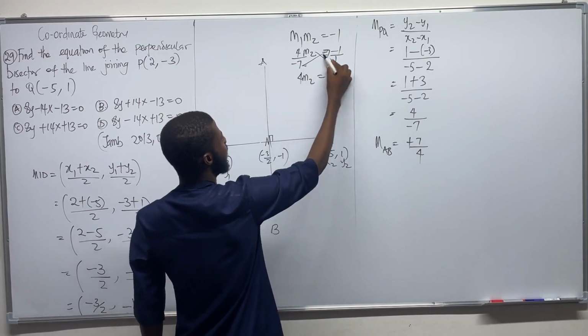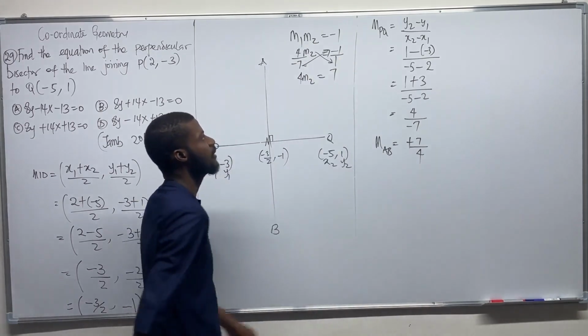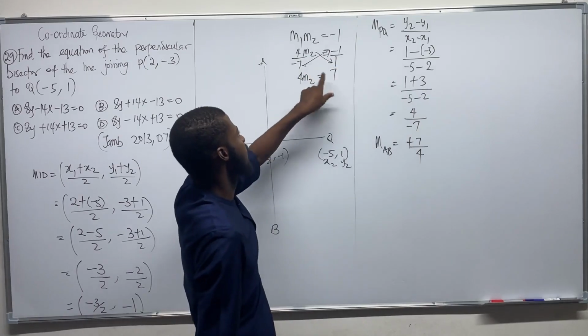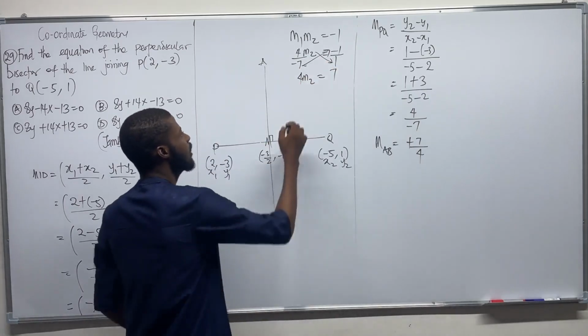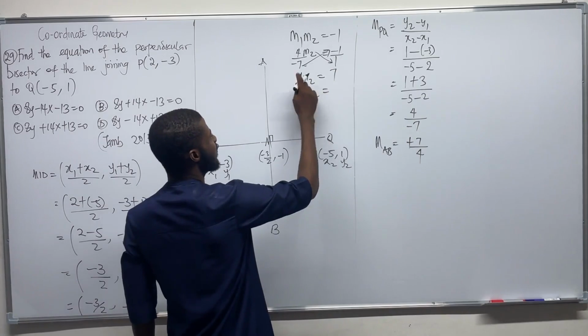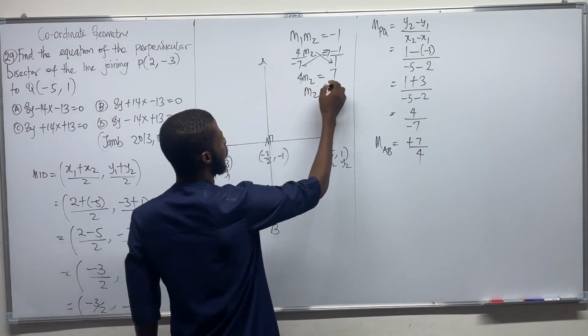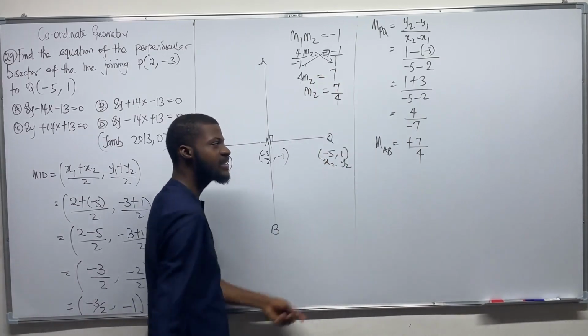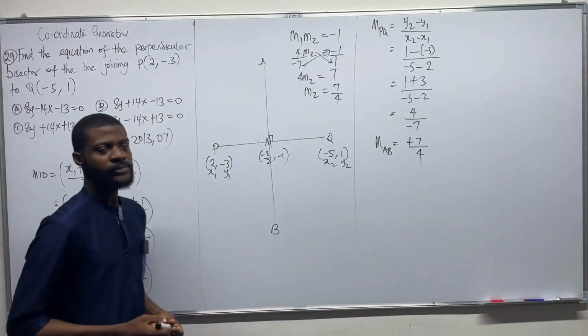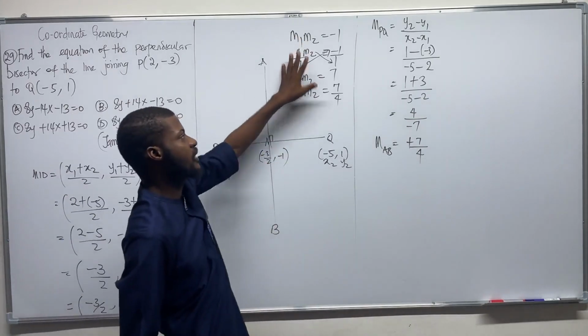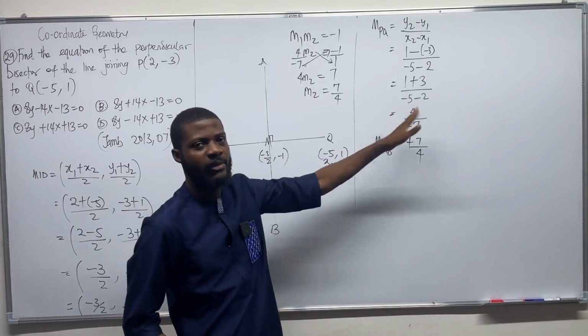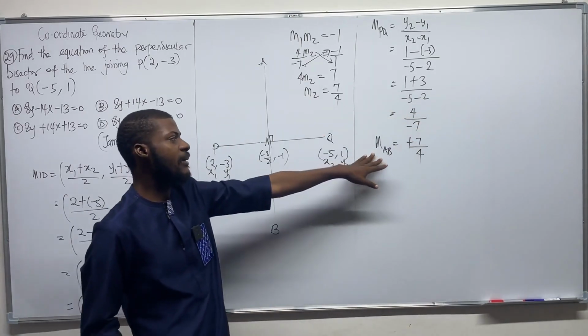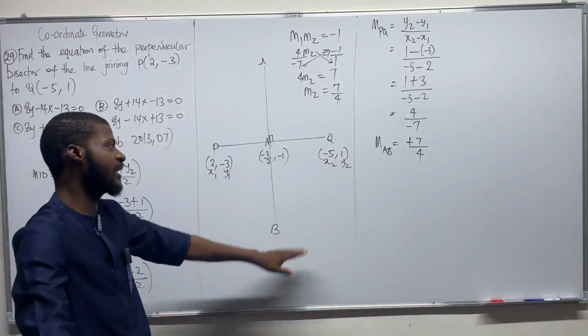Minus 7 times minus 1 is plus 7, because minus times minus is plus, 7 times 1 is 7. Now how do I get M2? I basically have to divide both sides by 4. So this is 7 over 4, which is still the same thing. I don't just like doing this, it takes my time, so I just flip it and multiply by minus. So that's my M_AB. And right now, I have everything I need.